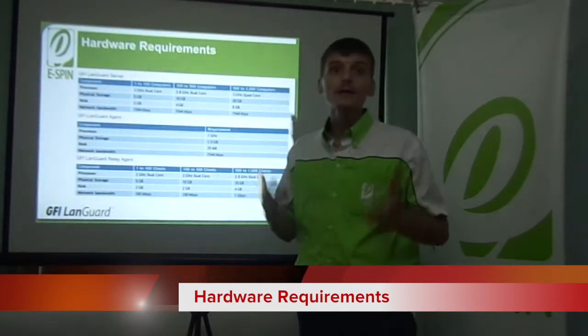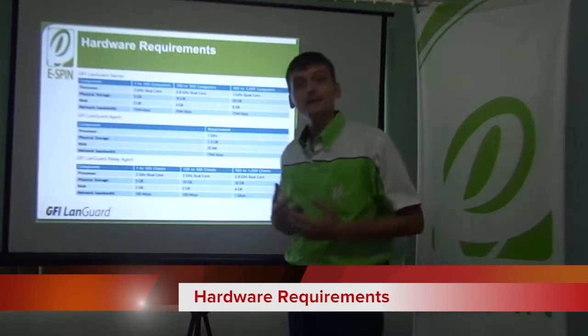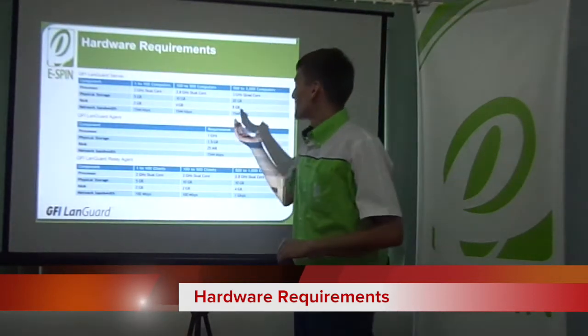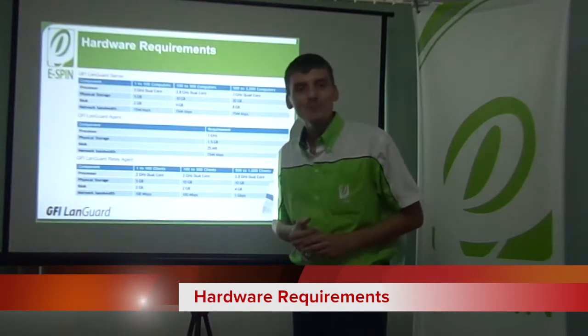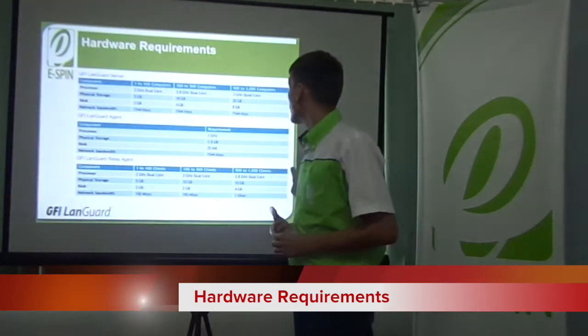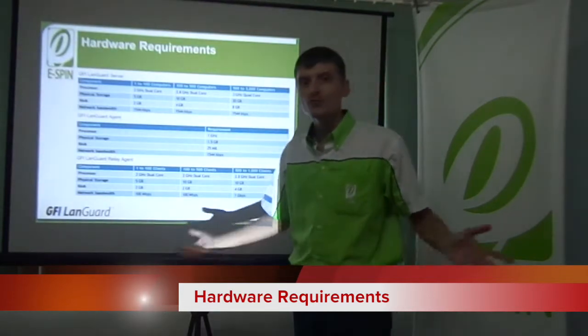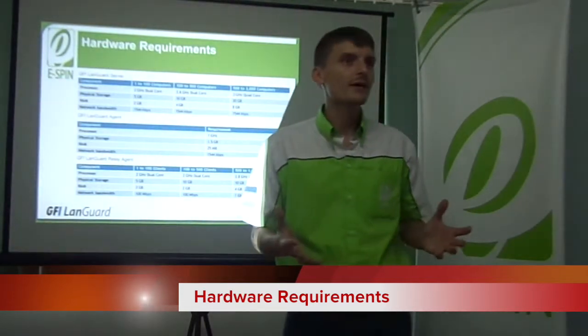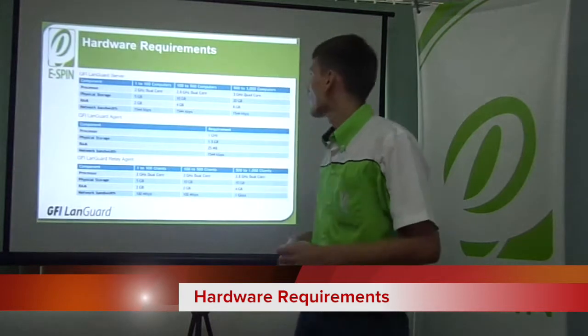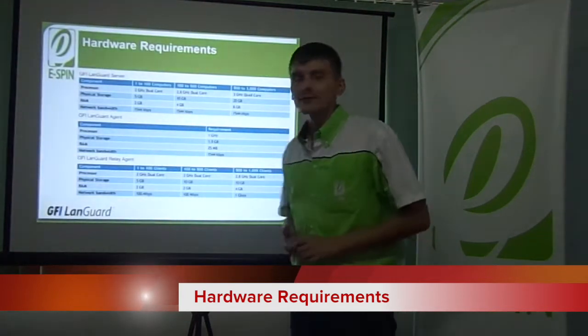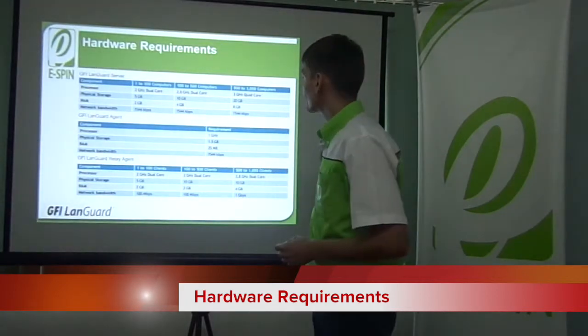If you have 100 to 500 computers, the minimum requirement is 1.8 GHz dual core. And if you have a large environment with 500 and above up to 3000 computers, you must have at least a 3 GHz dual core processor.